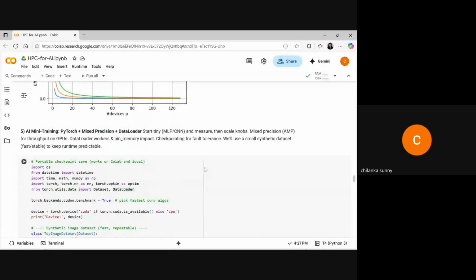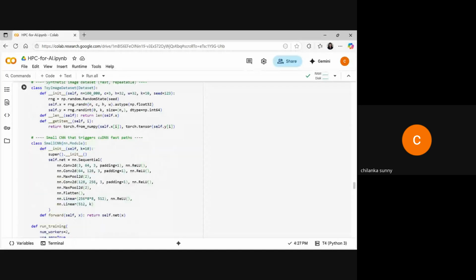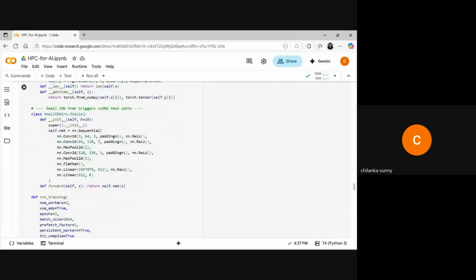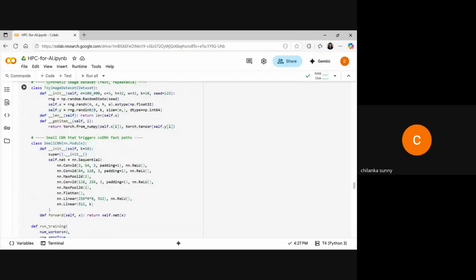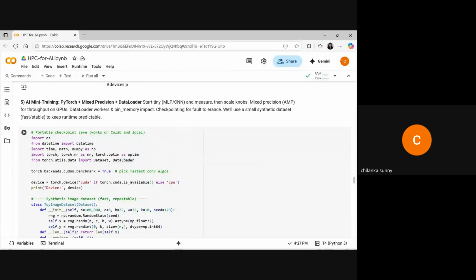And in the next session, we'll see an AI mini training where we fabricate one data set and a small CNN, making use of cuDNN, the library by NVIDIA. Here we will compare different techniques like mixed precision.